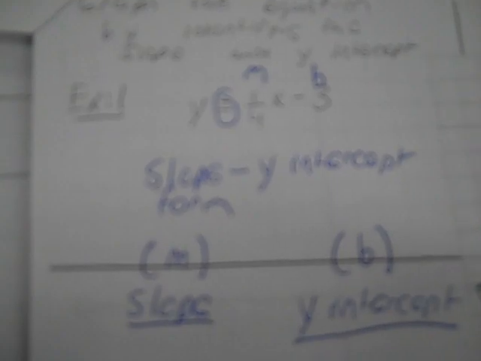Whatever x is being multiplied by is your M, and then whatever's being added or subtracted is your B. Okay, it's mx plus or minus b. In this case, plus. So my slope is 1/4, okay? So 1 over 4. I always want my slope to be a fraction, actually. And the y-intercept then, it says -3, so that's like plus -3. So the y-intercept is -3.